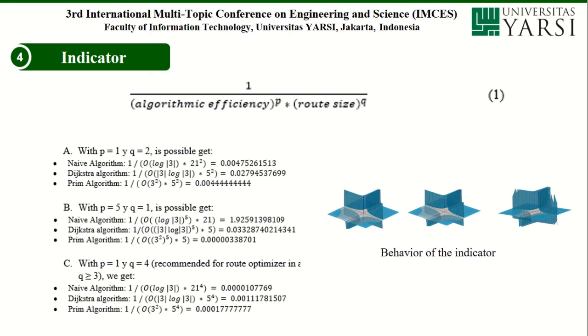So the parameters P and Q serve us to graduate the level of importance that we will give to each indicator. For example, for a brute force algorithm, it is advisable to assign at least the value of 2 to the parameter P and, for our route optimizer, a value of the parameter Q that should be less than 3 due to the great importance of finding the minimum route.